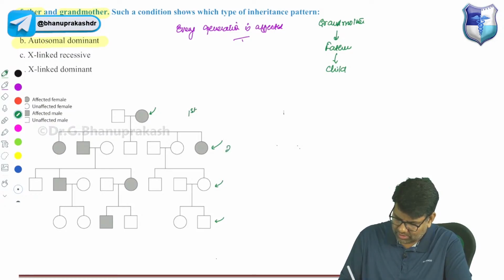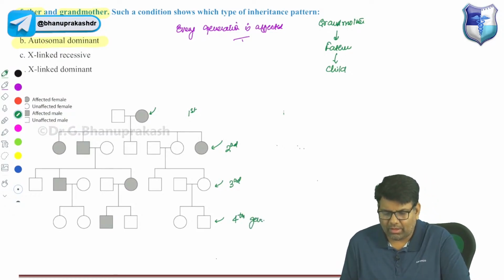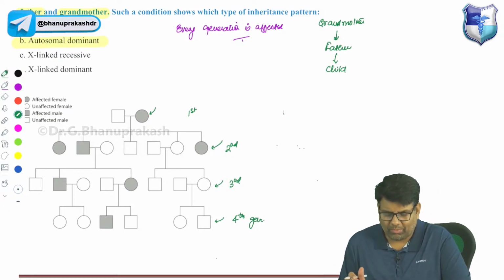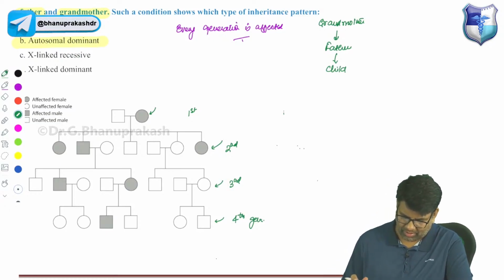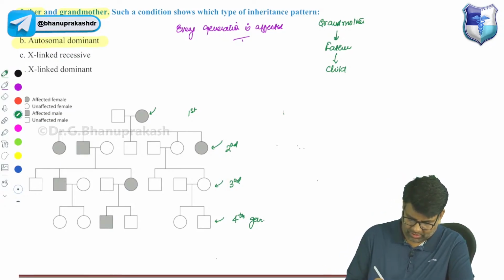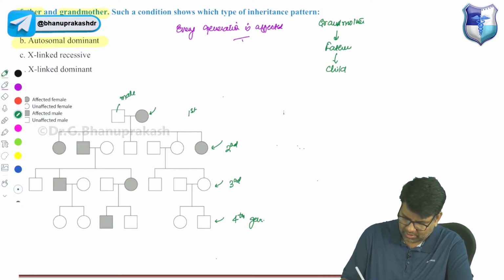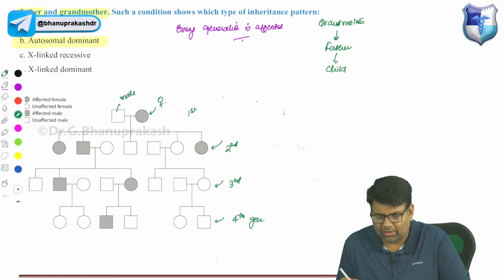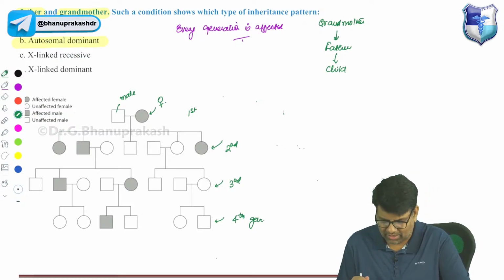So if you see affection of all the generations, straightforward you can mark the answer as autosomal dominant. Clear? Of course, the square is for males and the circle is for females, and if the circle or square is colored or darkened, it means it is affected. If it is white, it is unaffected.